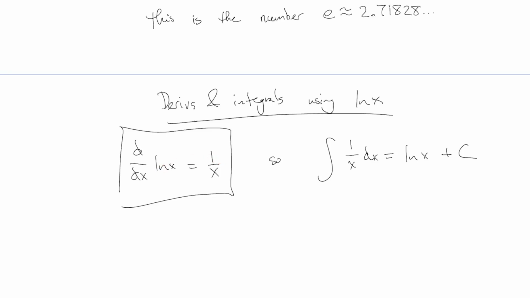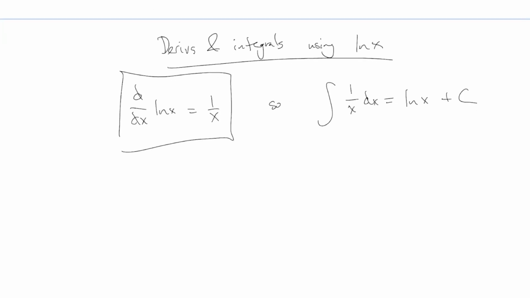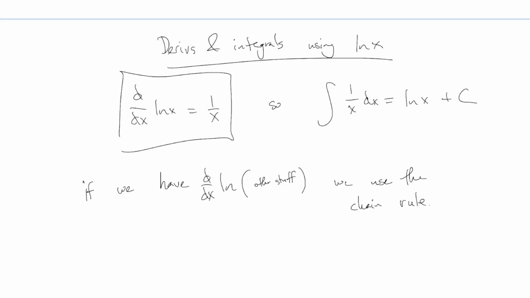These can be a little bit more interesting when you have other stuff going on with the ln of x. If we have something like ln of other stuff, not just x in there, and I'm trying to take the derivative, then we must use the chain rule. And this is typically pretty straightforward as long as you remember how to do the chain rule.